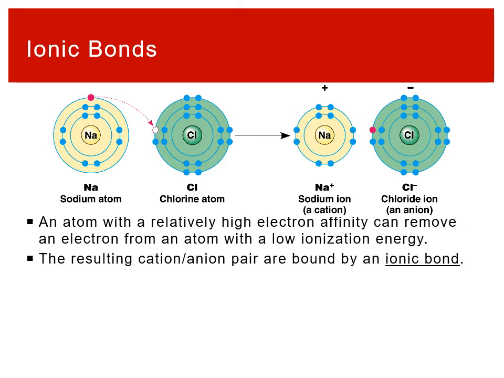And the reason why metals tend to form cations is because metals have a relatively low ionization energy. We know that elements on the left side of the periodic table have lower ionization energies, and it's easier to remove an electron. At the same time, nonmetals on the right side of the periodic table have high electron affinities. That means there's a lot of energetic gain to becoming an anion.